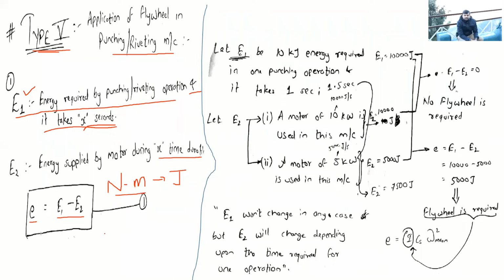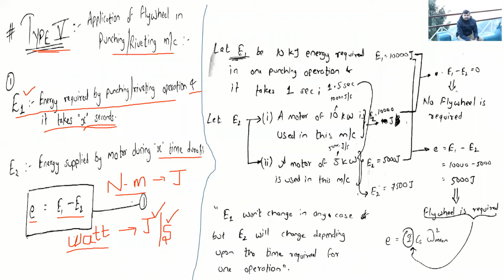Another thing you will come across is the rating of motor, which is in watts. What is a watt? A watt is again a derived unit, and 1 watt is equal to 1 joule per second.